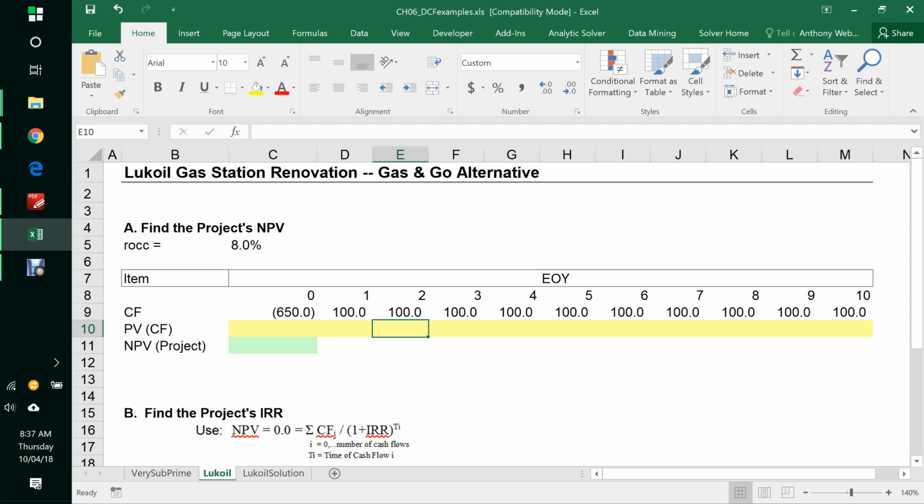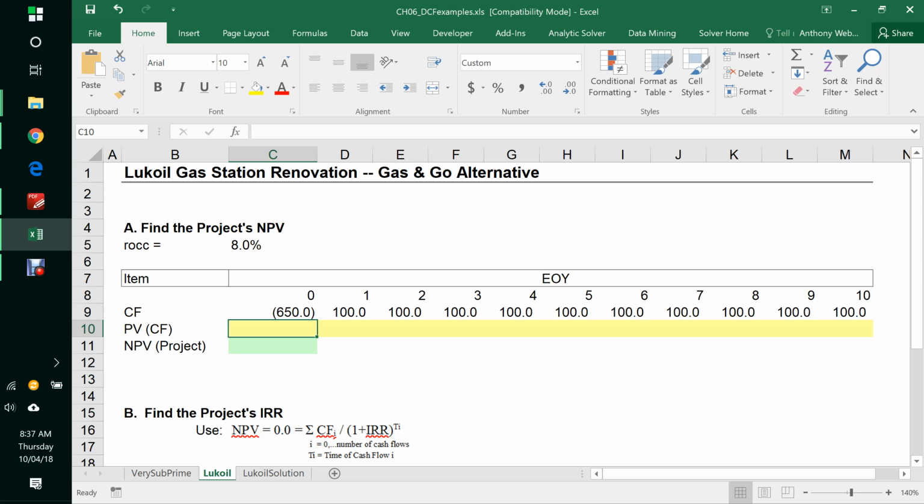Okay, so for the NPV, we have all the cash flows laid out here and the times of the cash flows up in the row above. What we need to do, as always, with the NPV method is first individually discount each of those cash flows, i.e., bring those cash flows back in time to their equivalent at t equals 0.